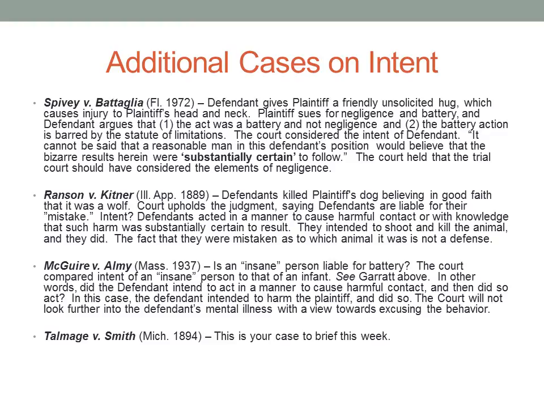In this case, the court says yes, even though she has a lot of mental illness and she was having a violent episode, she held up the blunt object with the intention of hitting the nurse. She did then hit the nurse, and the harm resulted. Her intent was to cause the harm by hitting her, and that's what she did. Therefore, she has the requisite intent. The court's not going to delve into her mental illness with a view towards excusing the behavior.